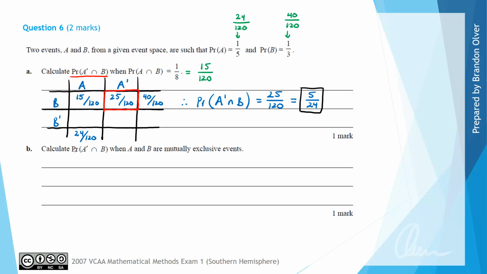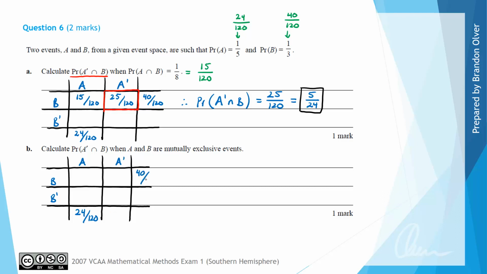For part B, we're asked to calculate the same probability of A complement intersecting B, but this time A and B are mutually exclusive events. So if we just quickly set up another Karnaugh map, we have A and A complement, B and B complement. Once again we have 24 over 120 as the probability of A and 40 over 120 as the probability of B. This time, if A and B are mutually exclusive, then there is no intersection.